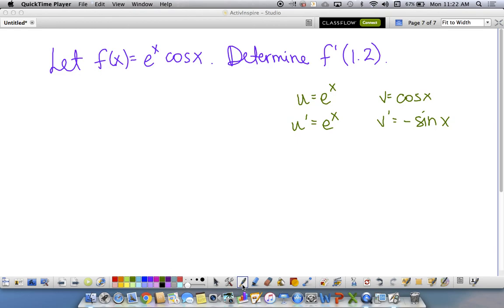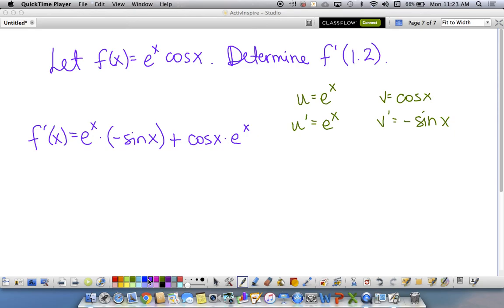So it's easy to write the derivative now that we have our pieces. So f prime of x is simply first, which is e to the x, times the derivative of the second, which is negative sine x. See, I use some parentheses because I don't want you thinking that the negative is a subtraction sign, because it's not. Okay? Plus the second, which is cosine x, times the derivative of the first.